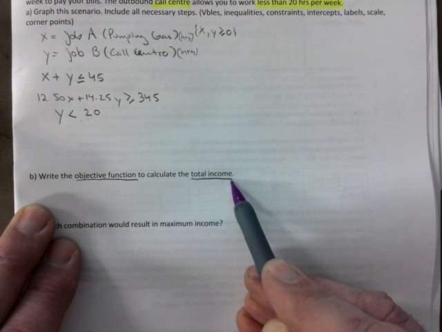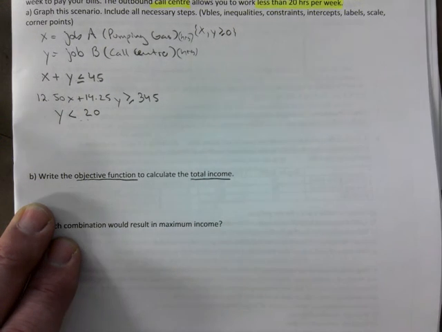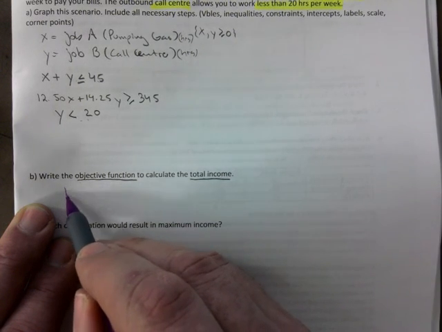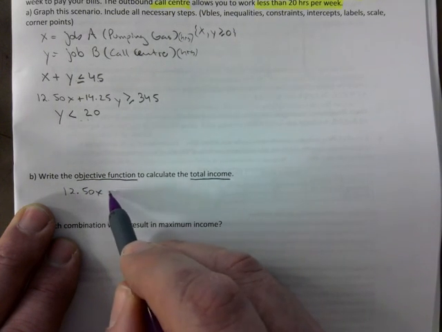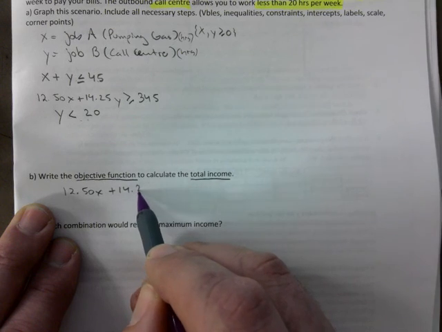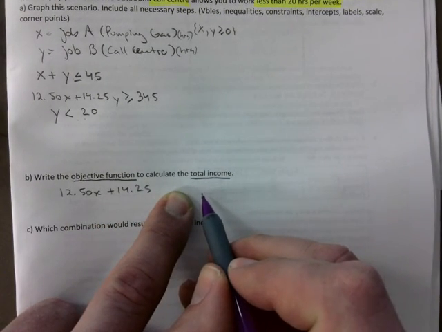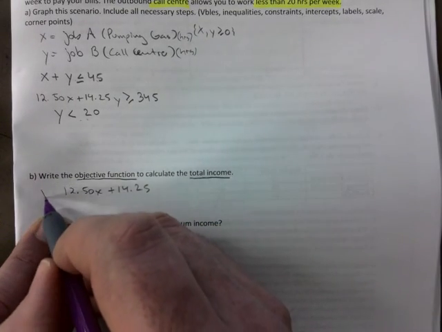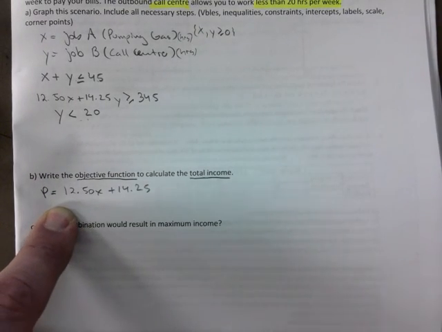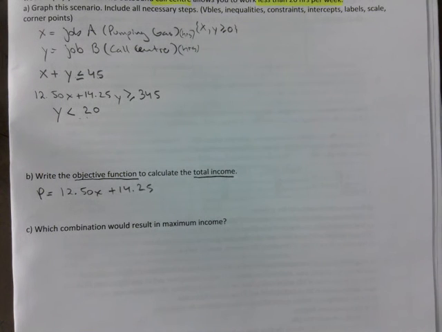What would that objective function look like? Equals profit. So yes, you can go equals profit here. You can call it capital I, or you can call it whatever you want, really. But yes, that's the objective function.